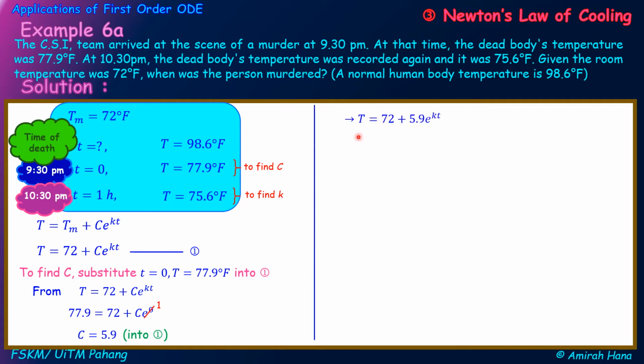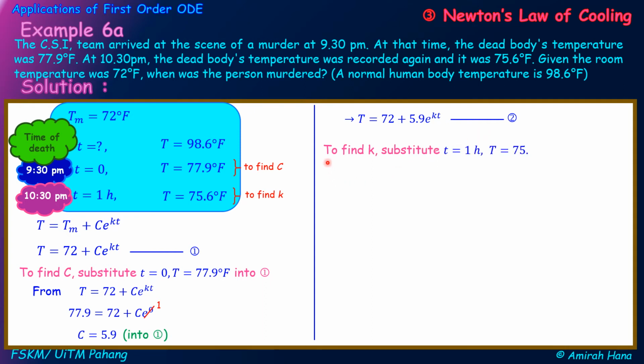After we substitute into equation 1, we get T = 72 + 5.9e^(KT). We substitute 5.9 into C here. Then we name it equation 2.